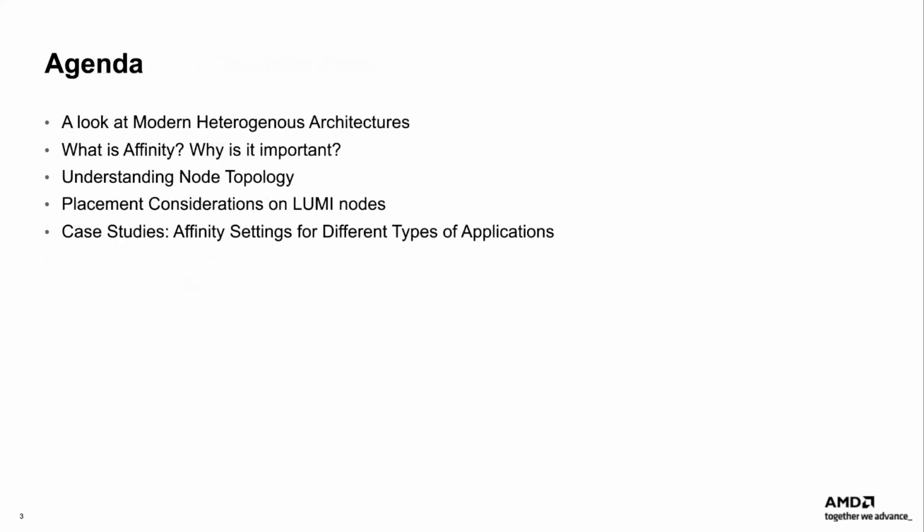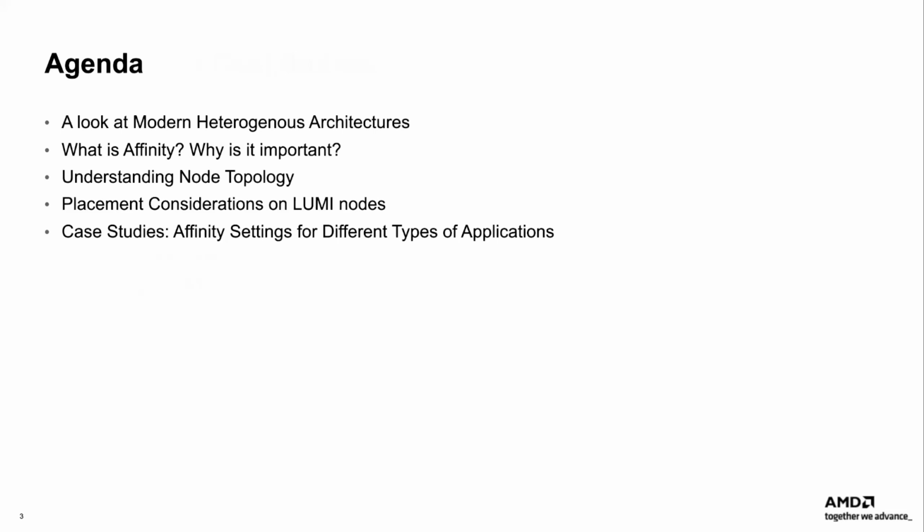So today's agenda, we are going to take a quick look at what modern architectures look like and what is Affinity, why is it important, what are the various concepts surrounding Affinity, and how do we understand node topology, what are the different tools that we could use. So we will go through some of those tools.